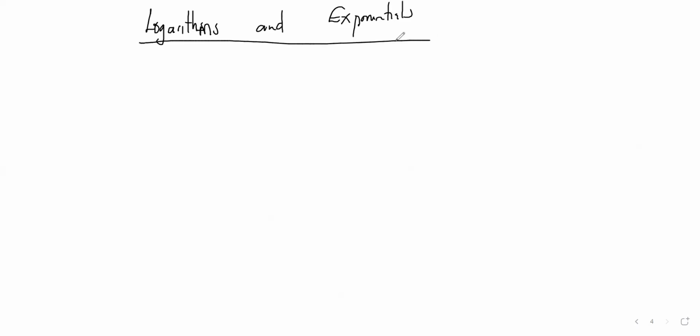We talk about the logarithm and exponentials. If we say find the derivative of ln x, this is simply 1 over x.